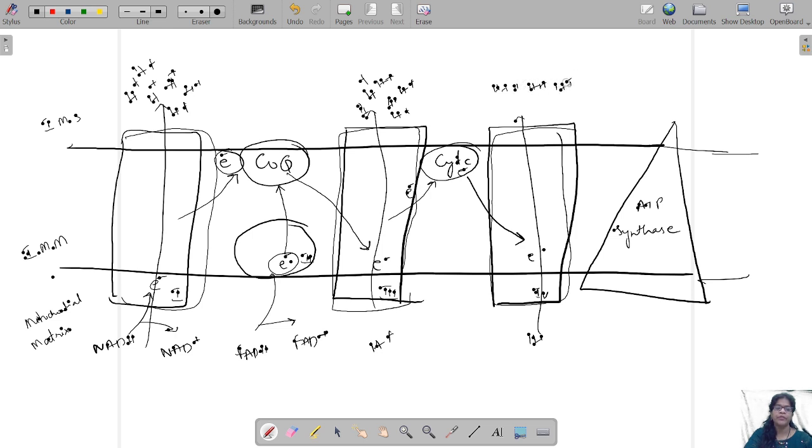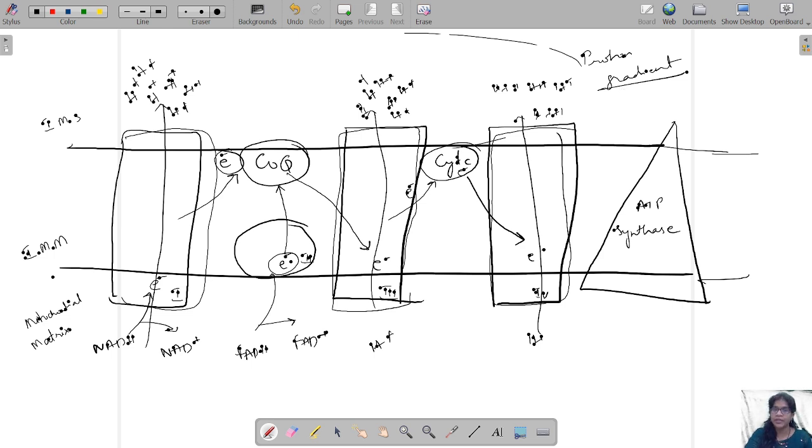So if you observe, you have tons and tons of protons accumulated in the intermembrane space compared to the matrix. So this gives you a proton gradient. Until here, the electron transfer has happened.